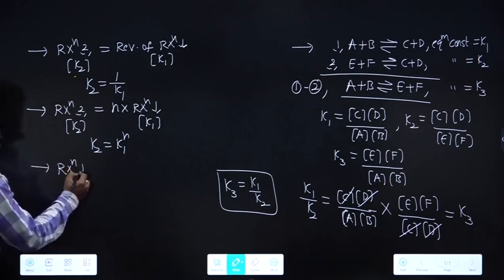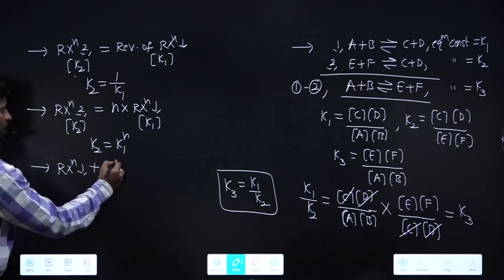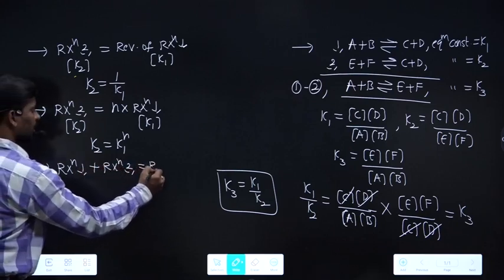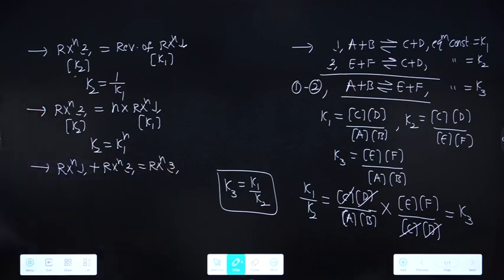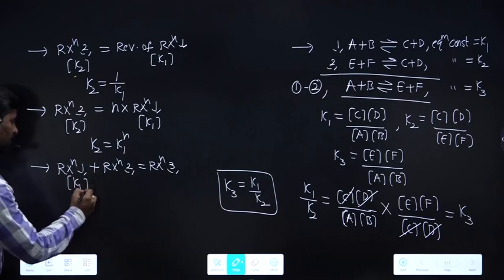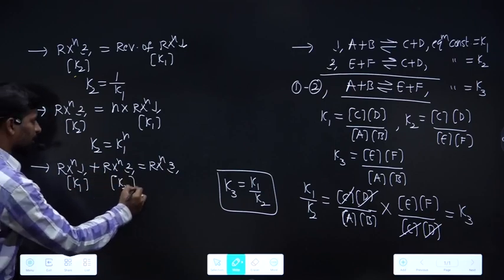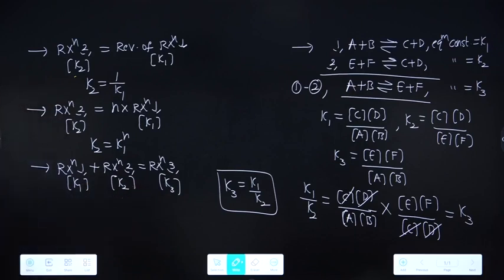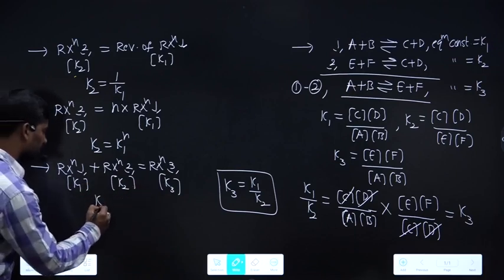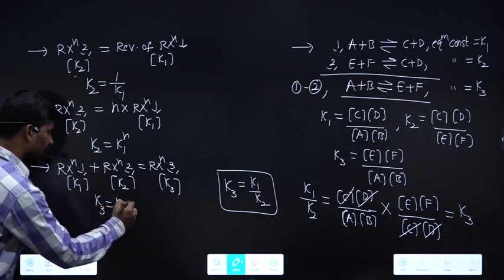Next, if reaction 1 plus reaction 2 gives reaction 3, for this we have K1, for this K2, and for this K3. What is the relation between K1, K2, K3? K3 is equal to K1 into K2.